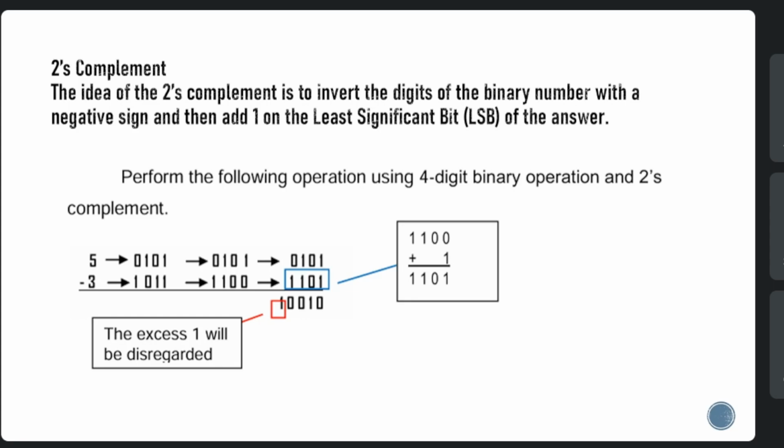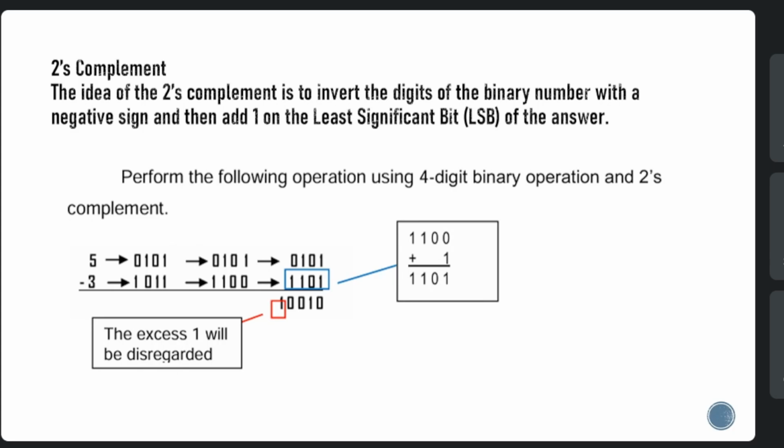So, perform the following operation using 4-digit binary operation in two's complement. Same given numbers, 5 and negative 3. So, 0, 1, 0, 1, and then 1, 1, 0, 1. The negative one becomes 1, 1, 0, 0.